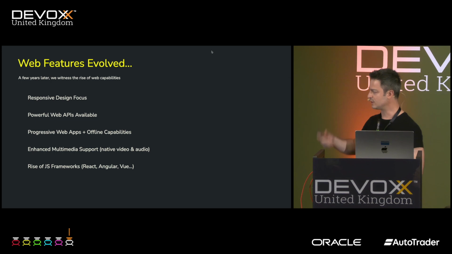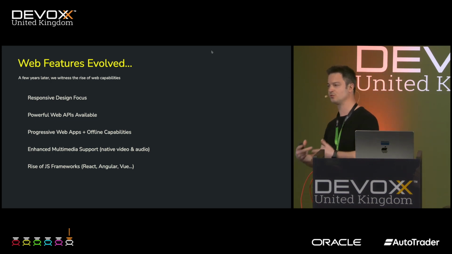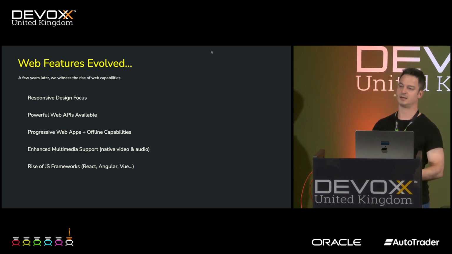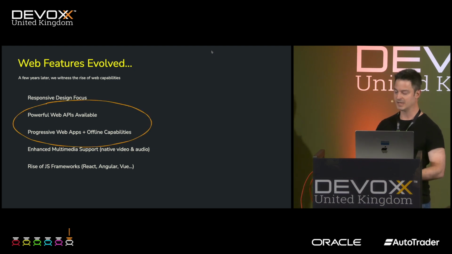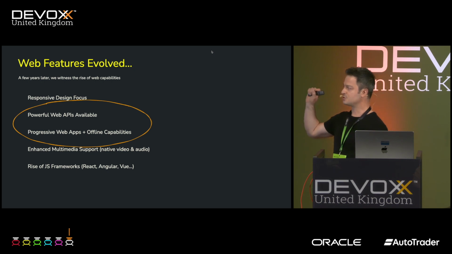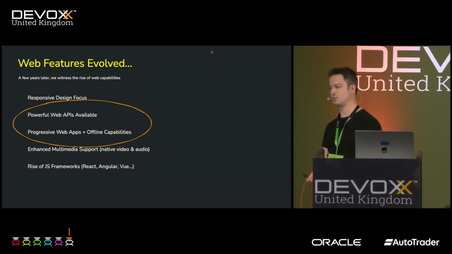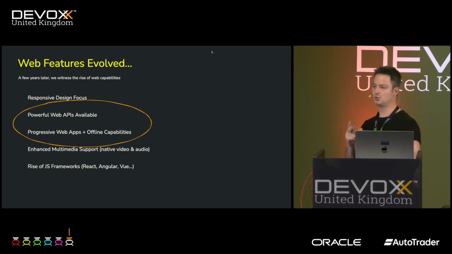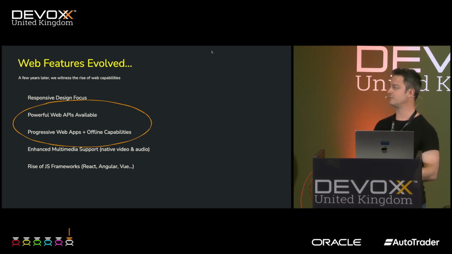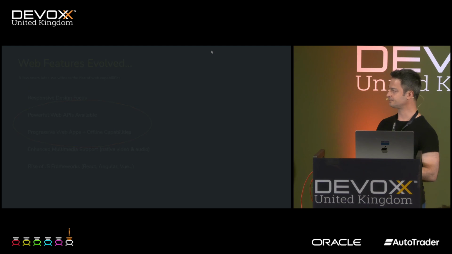And then, of course, we have many other features that improved and increased the capabilities of web applications. In this session, we will focus mainly on web APIs and progressive web apps, because I think that these two aspects are the most responsible for the greatness of the web, and they really pushed hard to narrow, as we say, the feature gap with native apps.